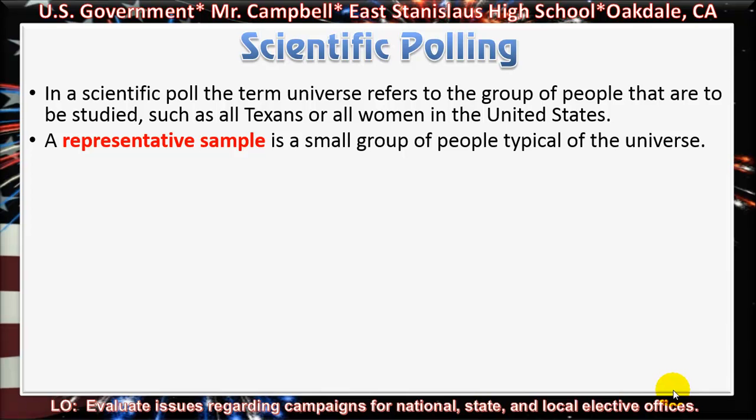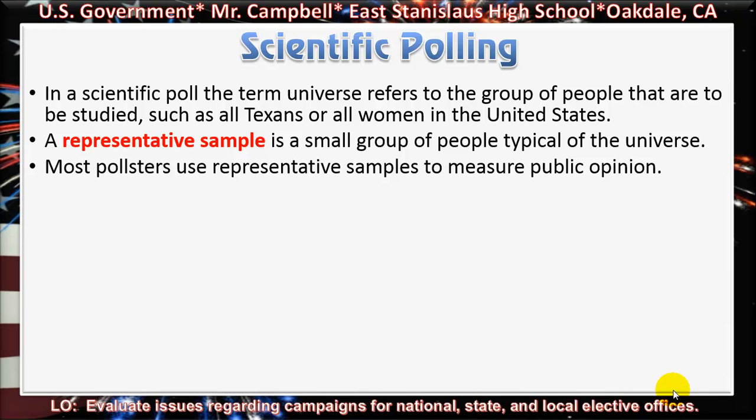If your universe is all of the women in the United States, you'd have to look at the population distribution in terms of minority representation, as well as in terms of age distribution, and make sure your representative sample proportionally was pretty equivalent to the universe in order to truly be representative.